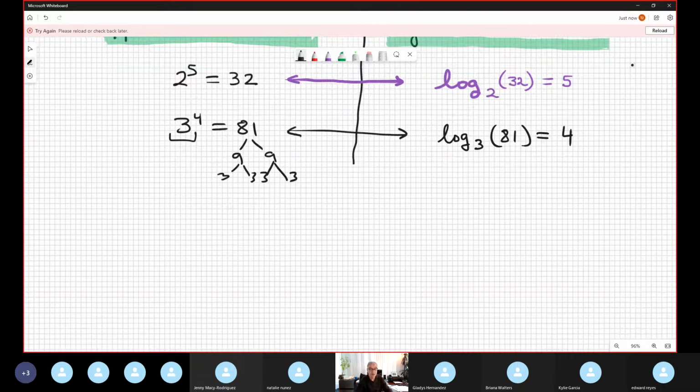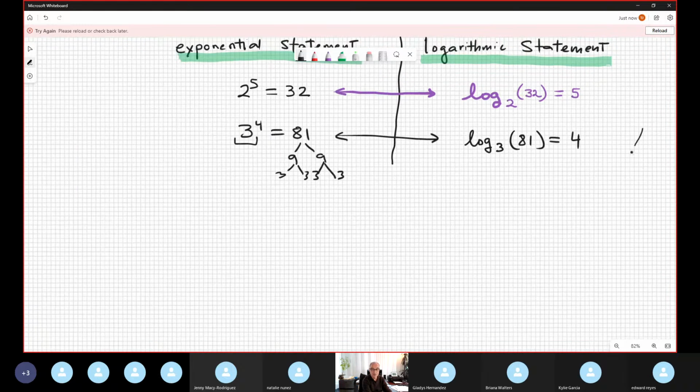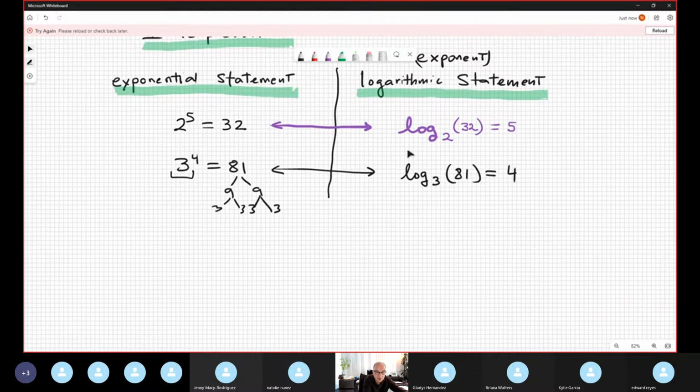In general, I want you to memorize this. In the exponential statement, you have a base, and this example was 2 and 3.